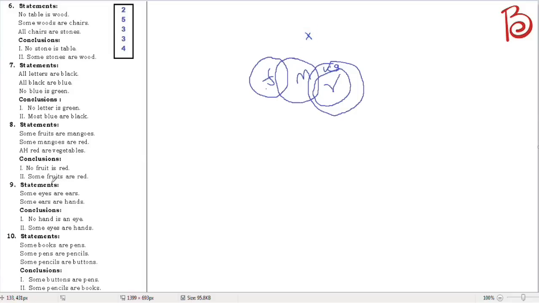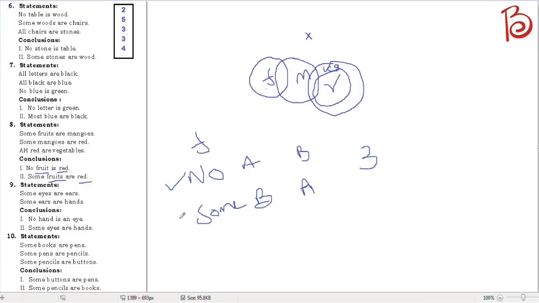The next one is again the same thing: fruit and red, fruit and red. If two conclusions start with the same thing, that is fruit and red, suppose A B and B A, and the statements don't give you a direct relation, because there is no relationship between fruit and red, and the conclusions are no and some, then the option will be the third option.